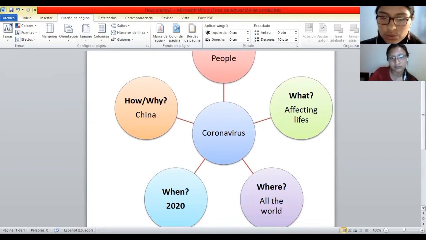It's just to be more specific. If you want to leave it, it is correct. Then we have how or why. Of course, it happened first in China, but you could just put here that it is due to a virus that came from China, right? But I'm going to send you some suggestions to your email if you don't understand.